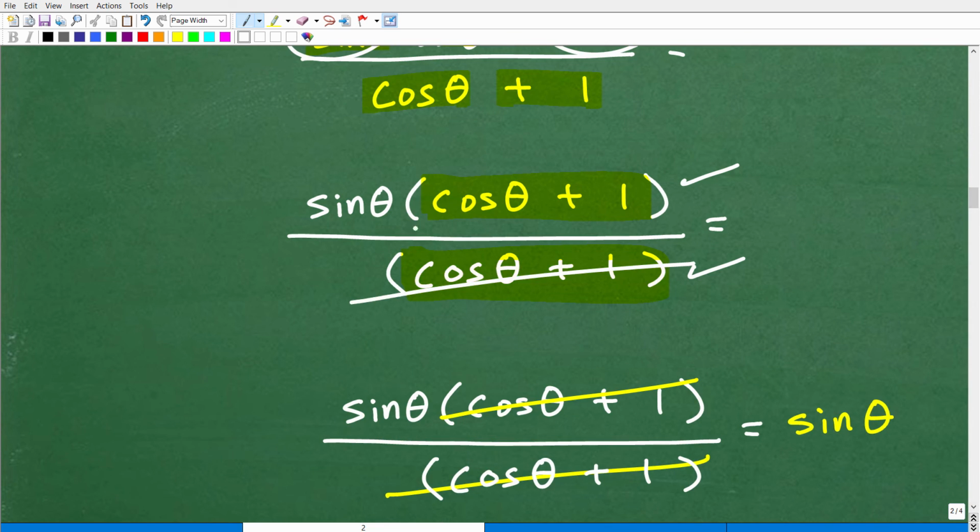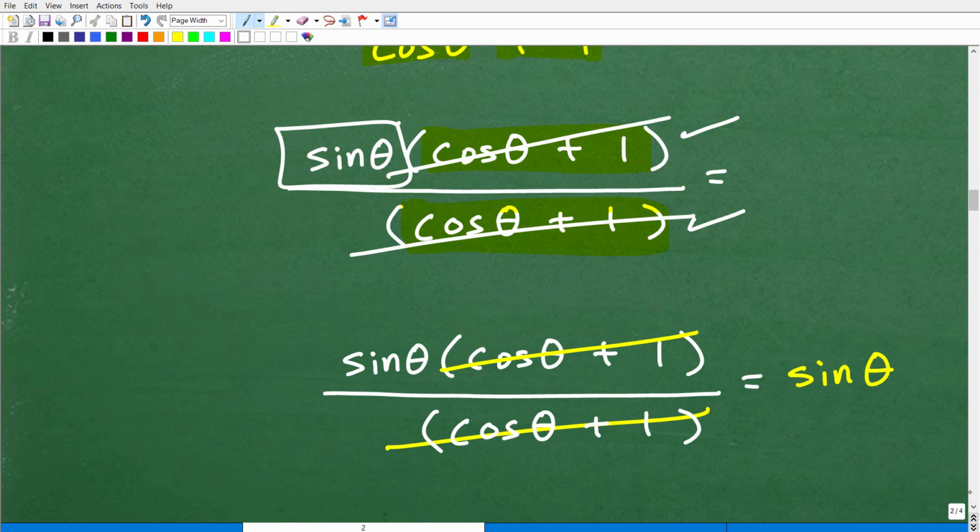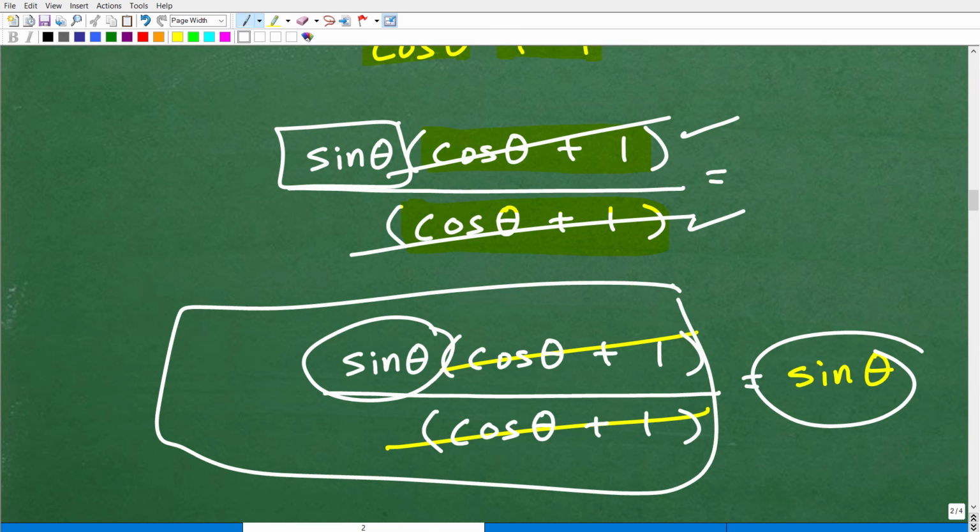We could just cross cancel these and I'm just left with sine theta. And that's exactly what you do. You cross cancel cosine theta plus 1. These are factors again, right? Cosine theta plus 1. And that leaves me with sine theta. And there you go. That whole thing we had initially in the left-hand side is equivalent to sine theta. We just verified it.